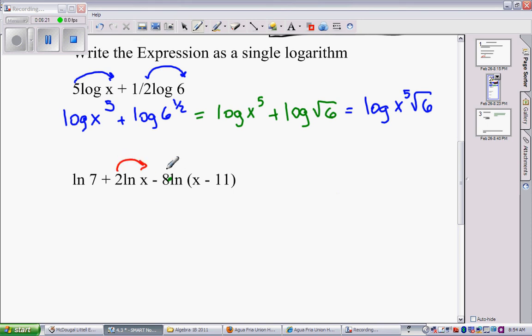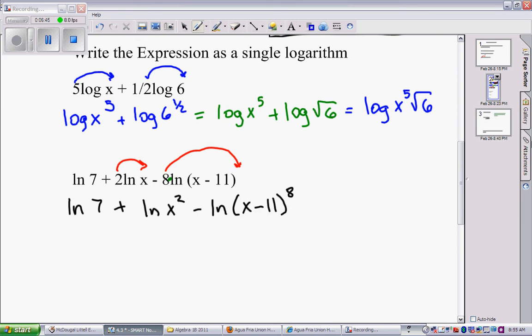So the 2 and the 8. Now the 8 is the exponent of the entire quantity x minus 11. So we got ln of 7 plus ln of x squared minus ln of x minus 11 to the 8th.